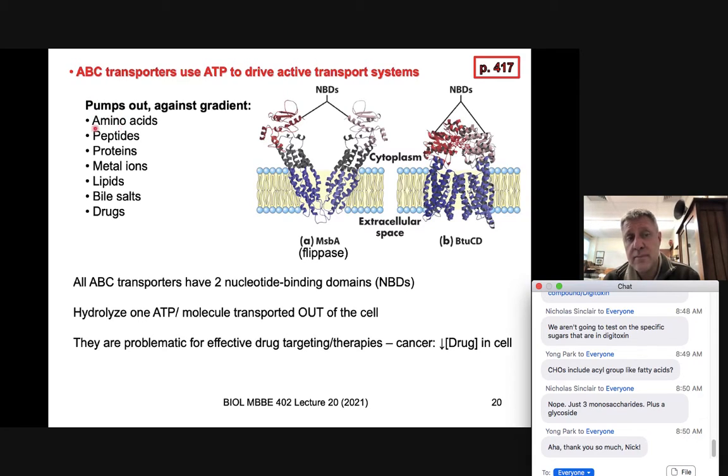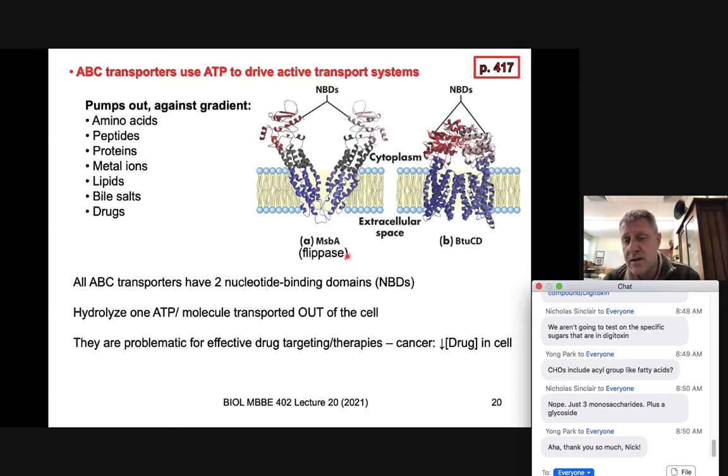This includes amino acids, peptides, proteins, ions, lipids, bile salts, and importantly, drugs. So they have this non-selective binding domain. They consume energy. They cause a conformational structural transformation, changing a high affinity state to a low affinity state, and then causing the release of the molecule through.